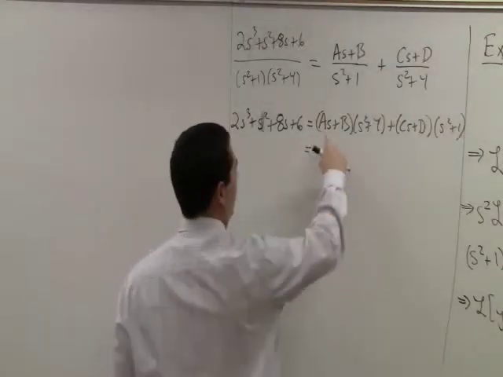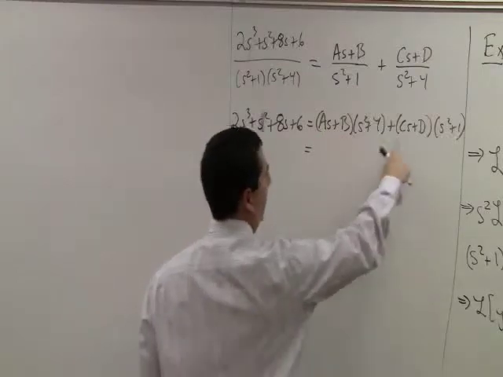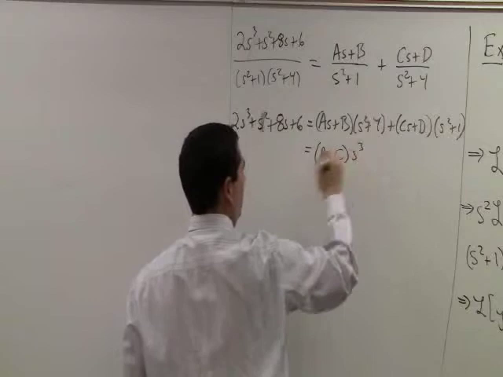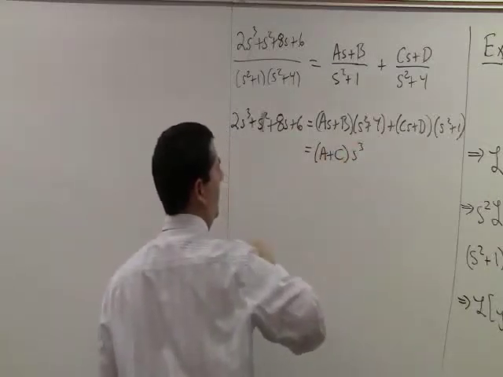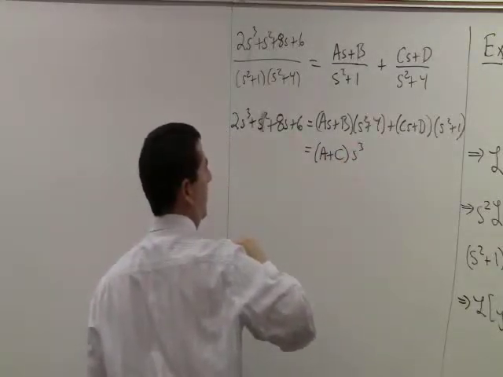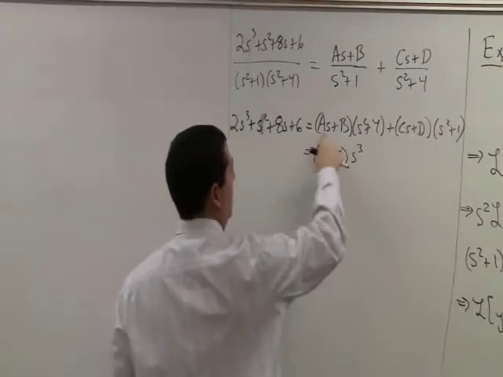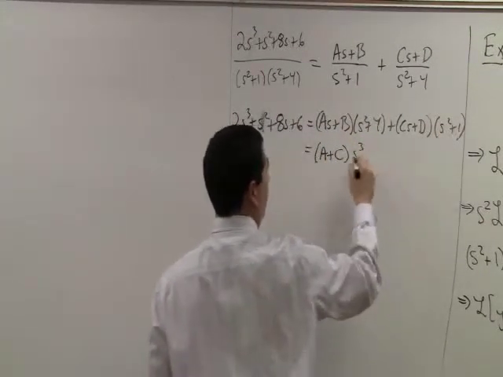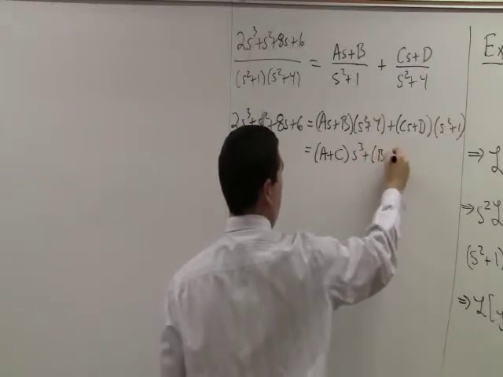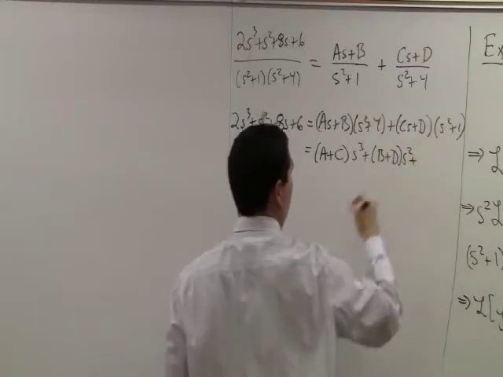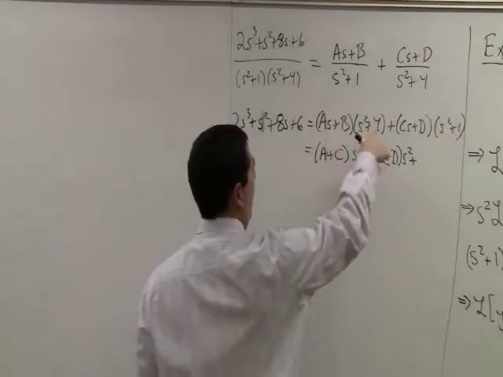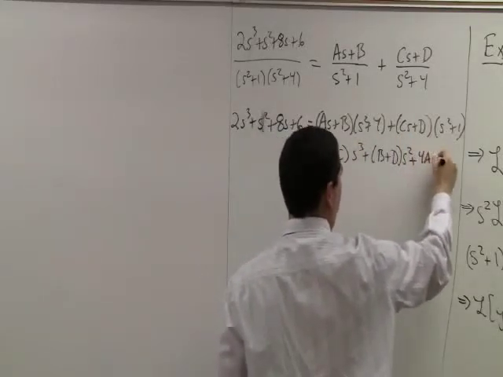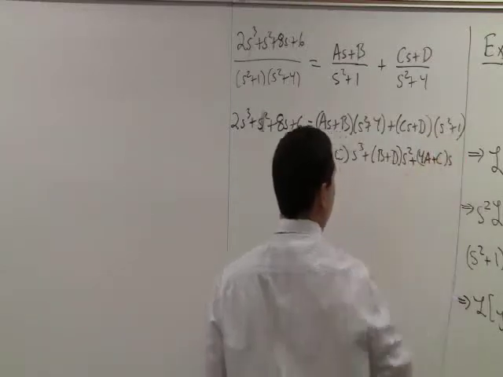So let's see here. We have as cubed and cs cubed, so you have a plus c times s cubed. Then you have a bs squared and a ds squared, so b plus d times s squared. And then you have a 4as and a cs, so 4a plus c times s.